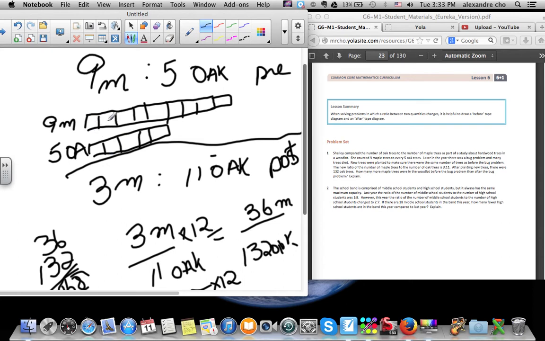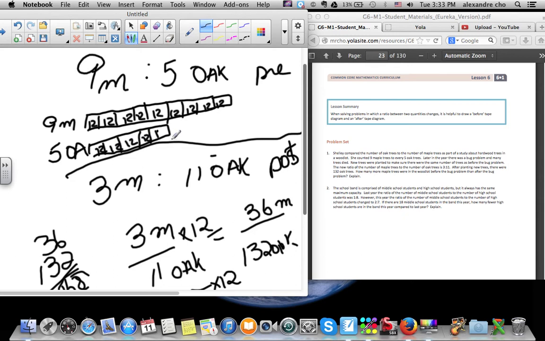So let me see, there's 1, 2, 3, 4, 5, 6, 7, 8, 9, 10, 11, 12, 13, 14 spots here. There are 14, and I have to fit 168 in those 14 spots, which is going to make every box here 12. 12, 12, 12, and 12, 12, 12.